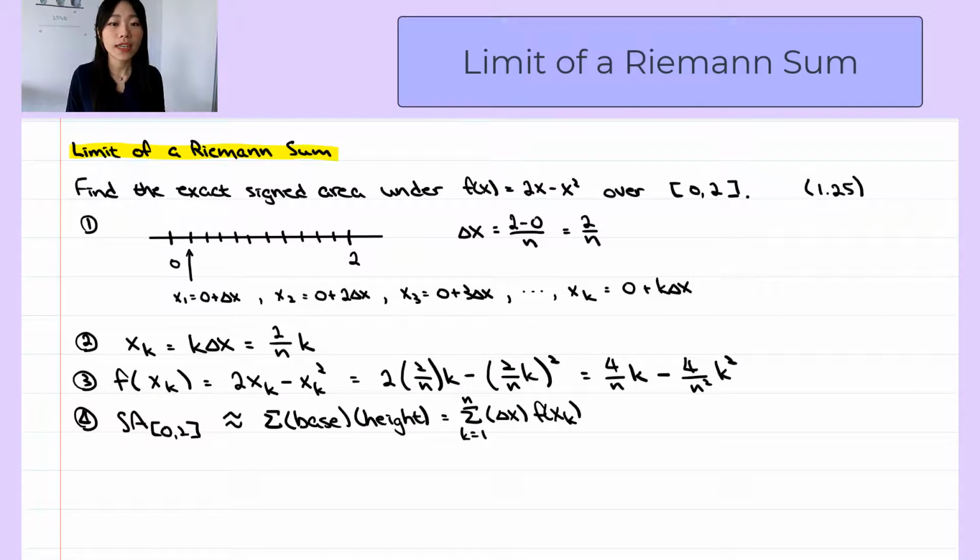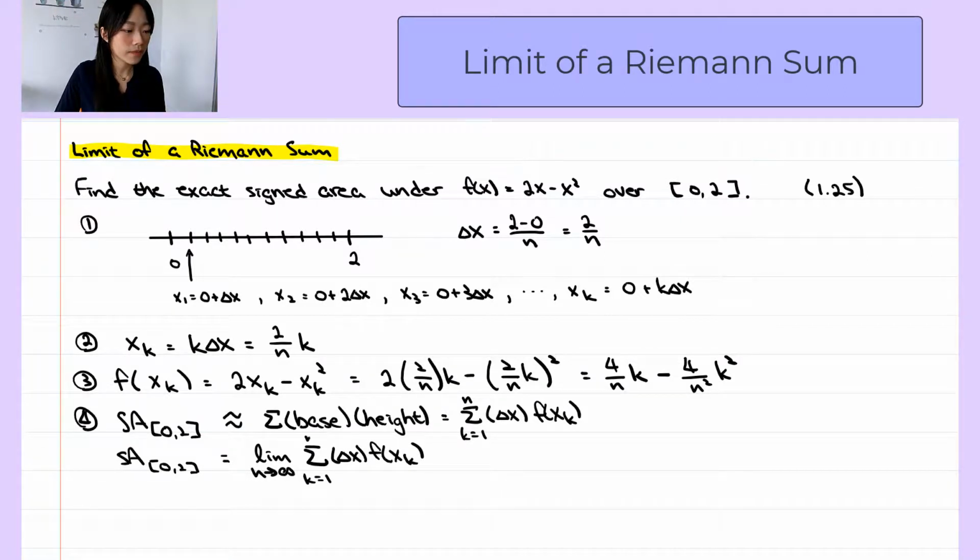However, if we want to find the exact value, we need to take the limit as n approaches infinity. So we have infinitely many subintervals. So the exact value of the sine area over the interval 0 to 2 equals the limit as n approaches infinity of the sum of delta x times f of xk, the index starting from 1 to n.